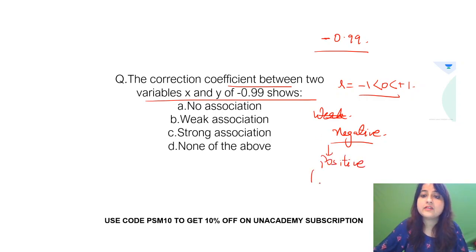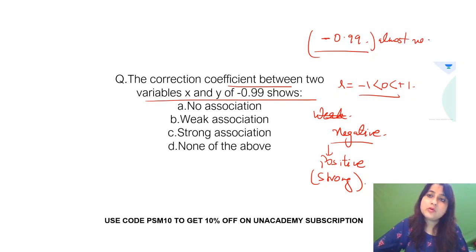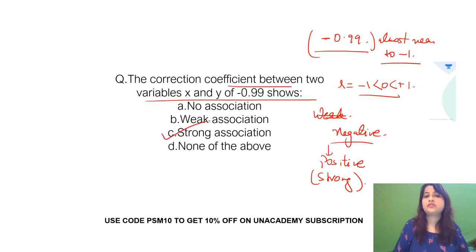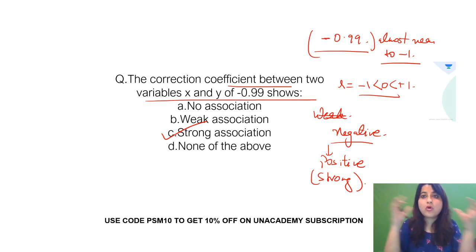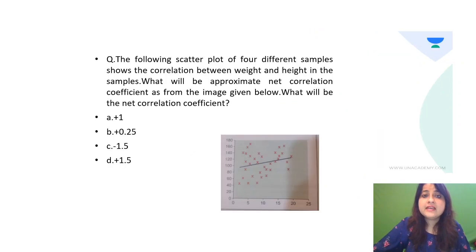Okay, or in other words, it's a strong association. -0.99 is almost near to -1. So this indicates a strong association, not a weak association. ठीक है? Alright, so I hope you understood. It's like more closer to -1. ठीक है?